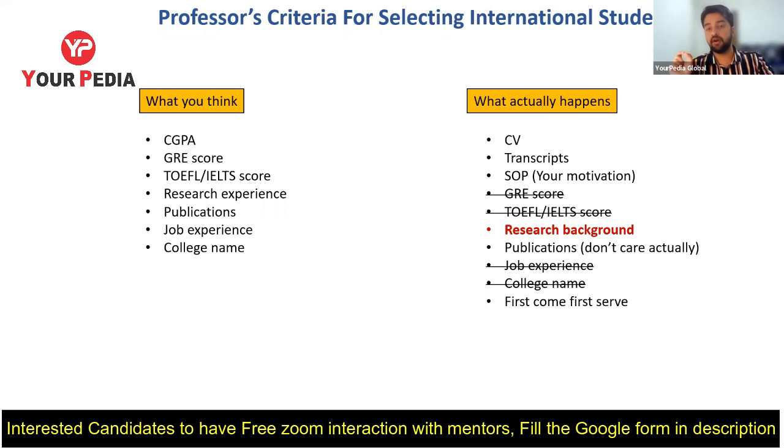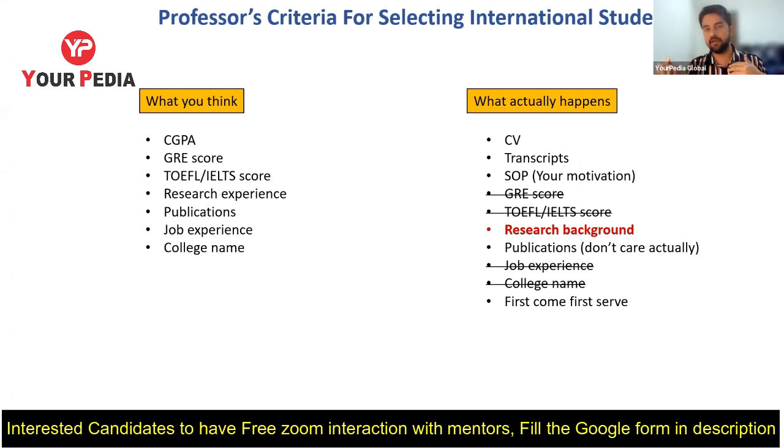And last but not least, very important, is first come first serve. I was discussing this with one of the professors at Purdue University. He was saying that whenever he gets funding, he checks which student sent him an email first. He puts all the emails in one folder, goes from the top, and whoever applied first, he gives that student the chance first.